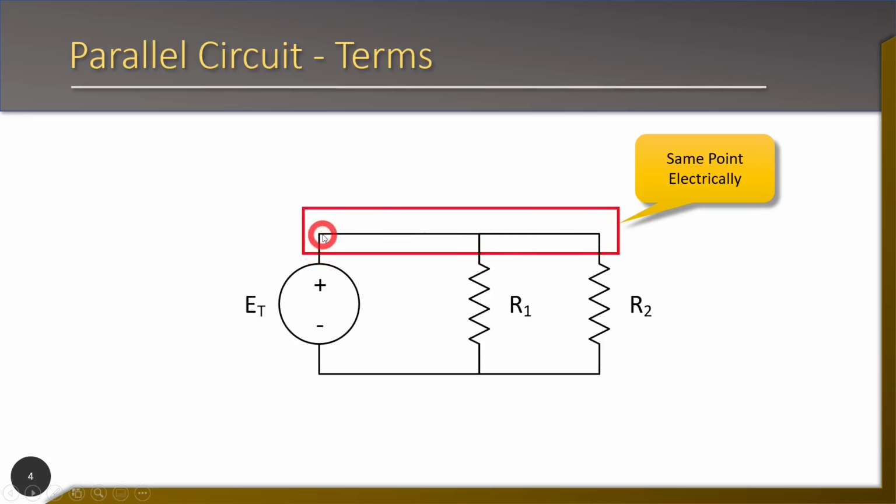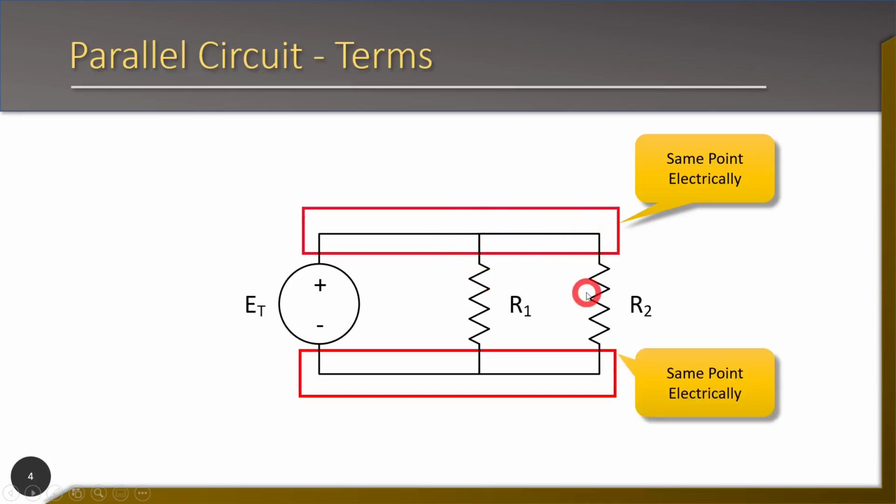Anywhere on this line, I would experience the positive of the battery. And down here, the other end of each resistor is connected to the same point electrically as well, and anywhere along this connection would be the same as being connected to the negative of the battery. So we use the term that they are the same point electrically. So that's one term that we need to learn.